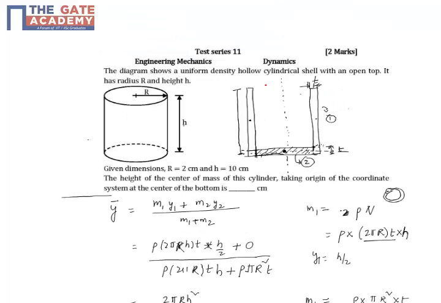Remember that if it had been closed at the bottom, it would be roughly h by 2, but because more mass is there from the circular disc at the bottom, the center of mass will be below h by 2, so below 5. To be precise we do these calculations and get 4.5. Just use this formula, calculate the masses correctly, put everything correctly, and you'll get 4.54. Okay, thank you.